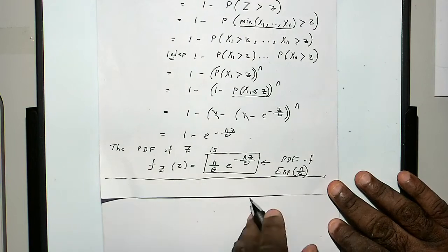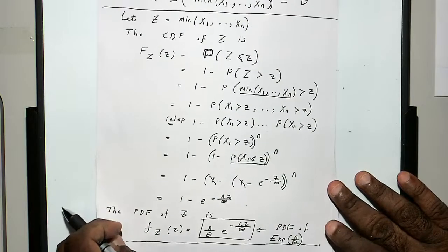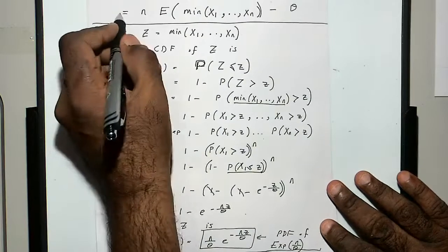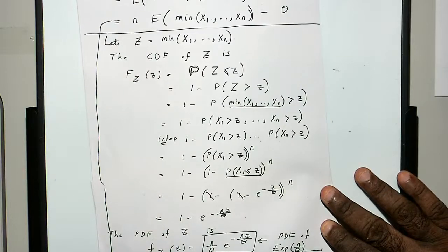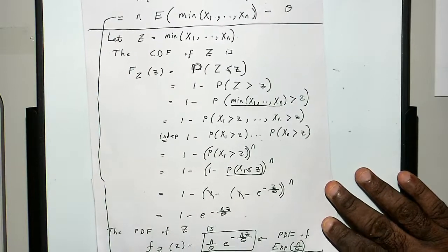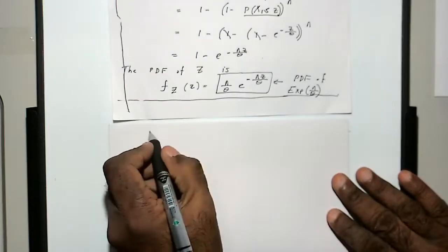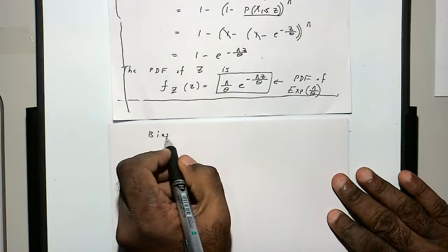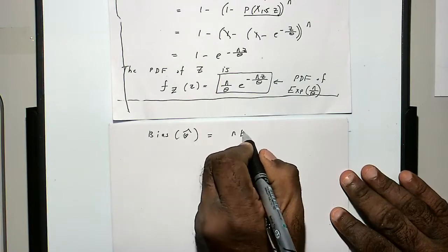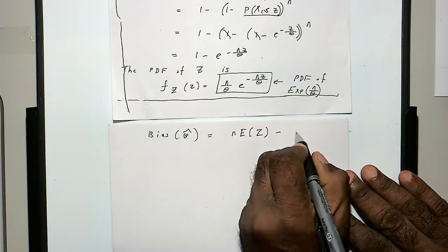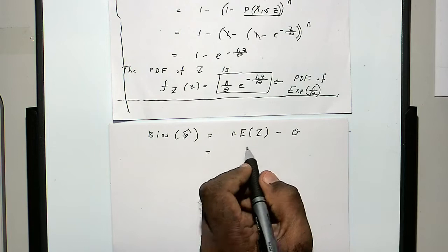From this we can write that the bias of theta hat is equal to n times the expectation of z minus theta, right? Now, we know that z is exponential with parameter n over theta.